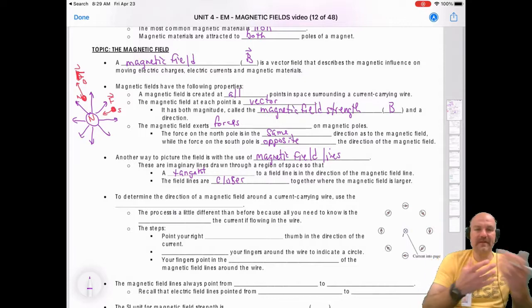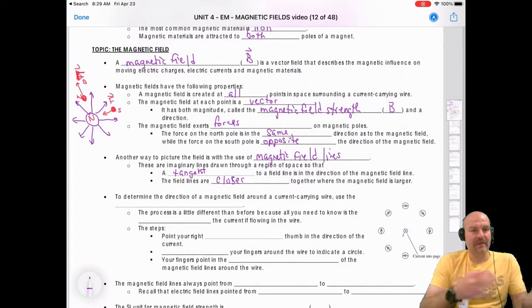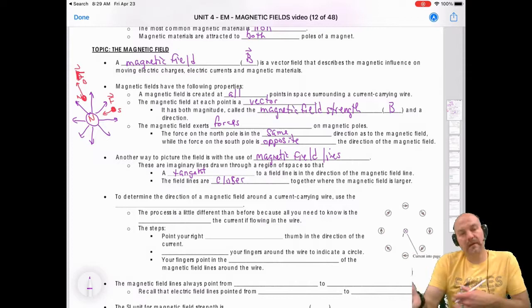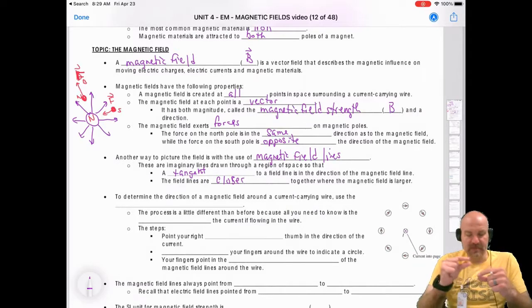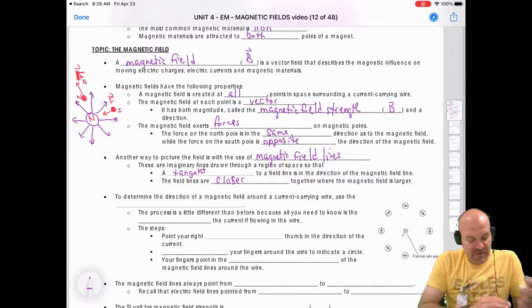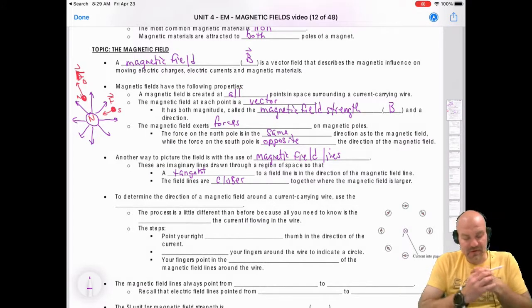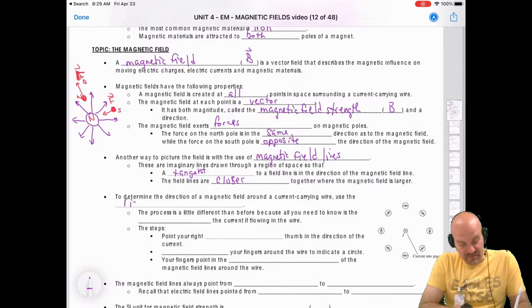There are a lot of parallels between electricity and magnets. Just like we said, the closer the E field lines were, the stronger the E field was there. It's the same thing: the closer the magnetic field lines are, the stronger the magnetic field. So to determine the direction of a magnetic field around a current carrying wire, just like we've done in other things, we're going to use the right hand rule.